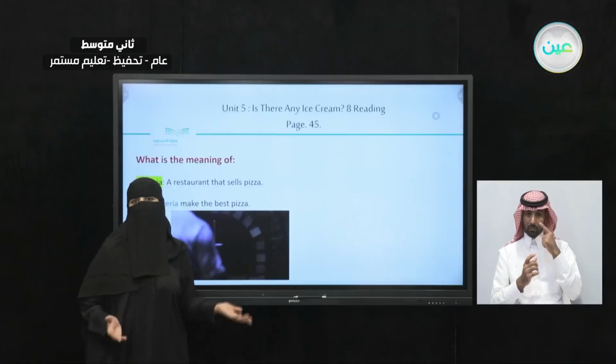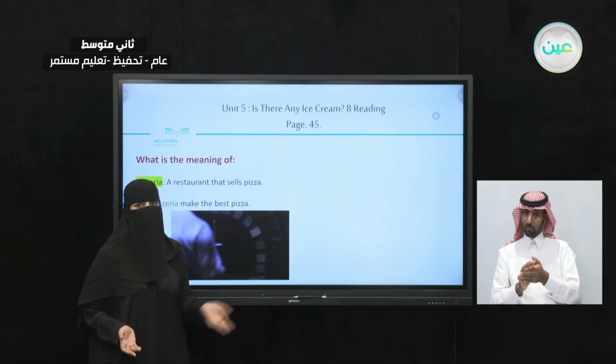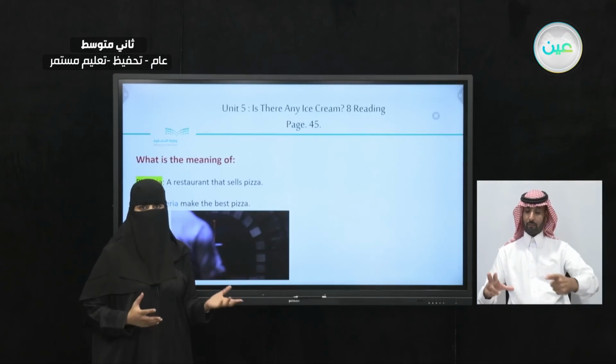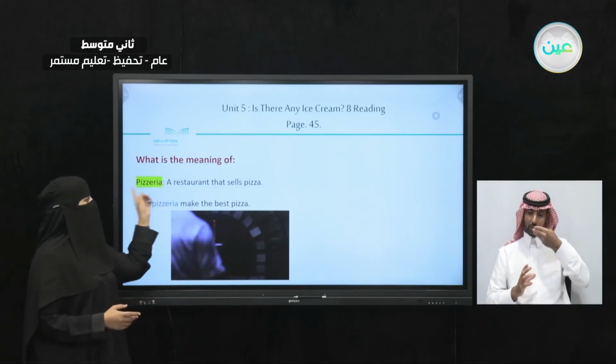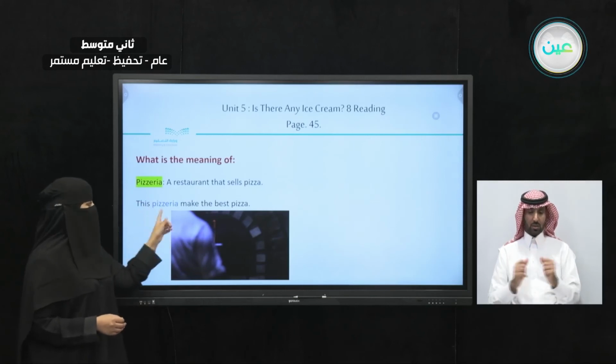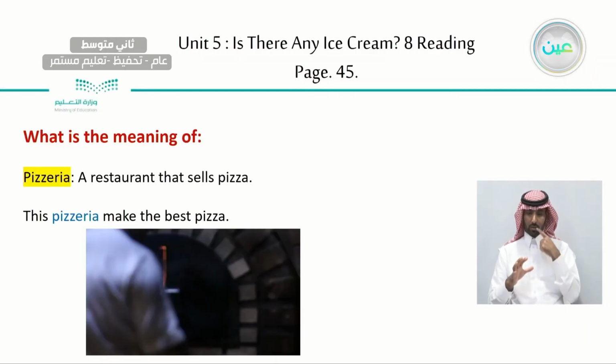Did they bake something other than the pizza in this oven? Looks like it's a special kind of oven just for pizzas, right? So a pizzeria is a restaurant that sells pizza. Like this here. This pizzeria makes the best pizza.